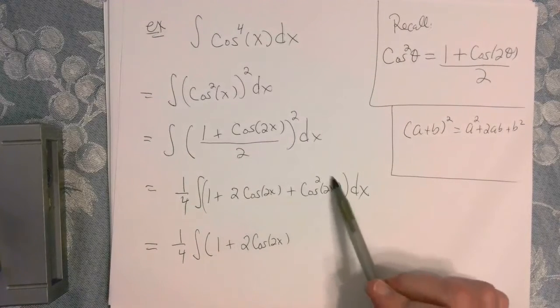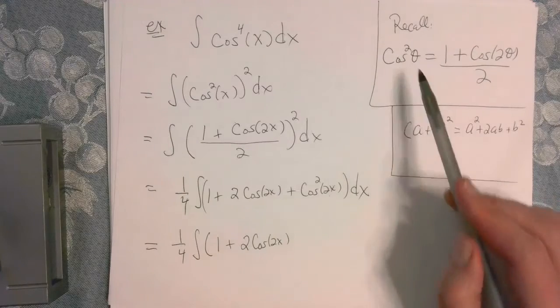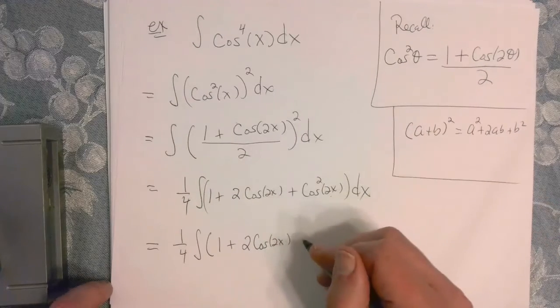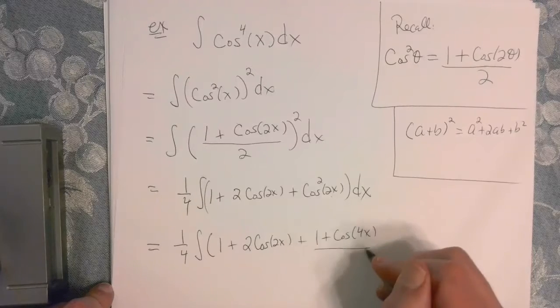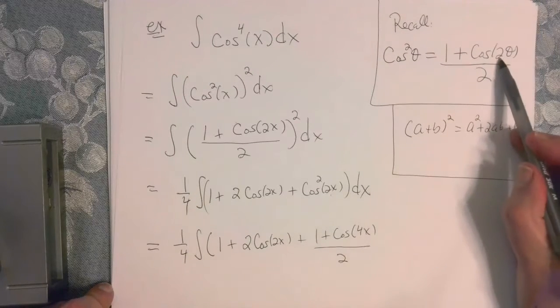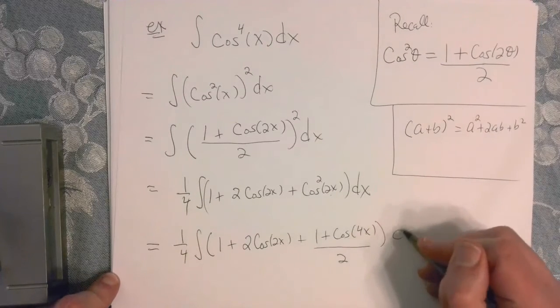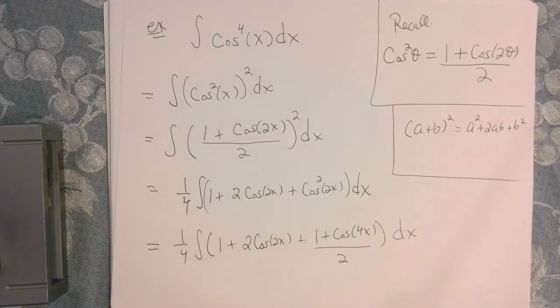Okay, so if theta is 2x, that's going to give us 1 plus the cosine of 4x over 2, because this doubles the input, doesn't it? dx.